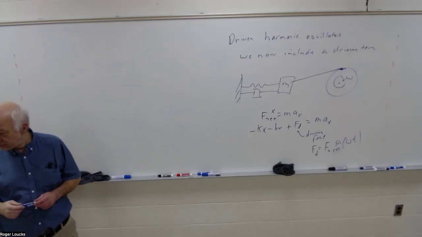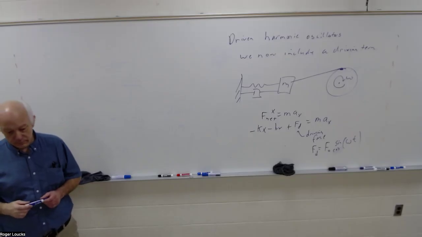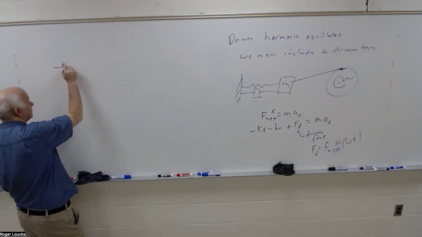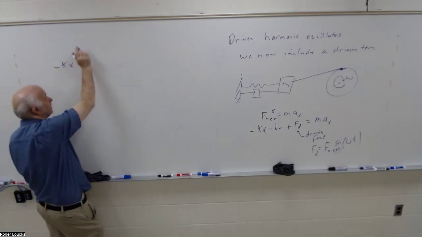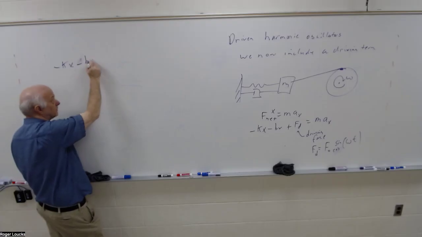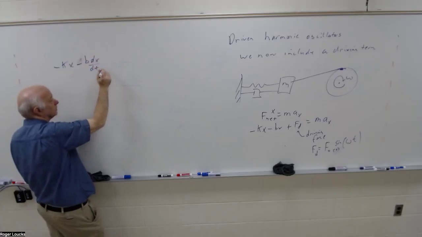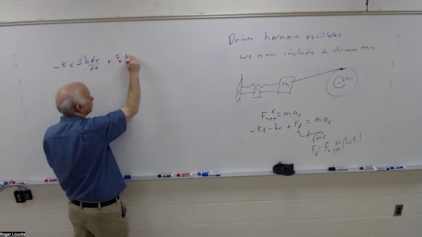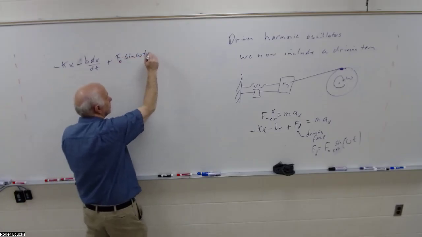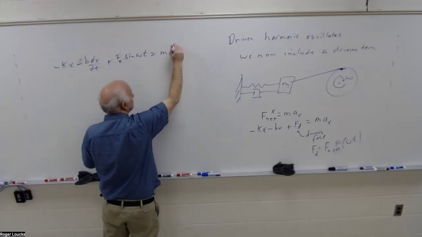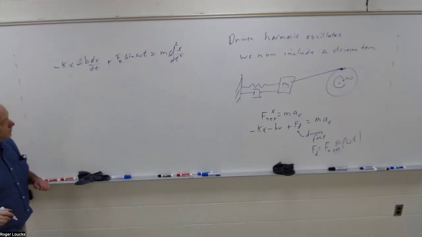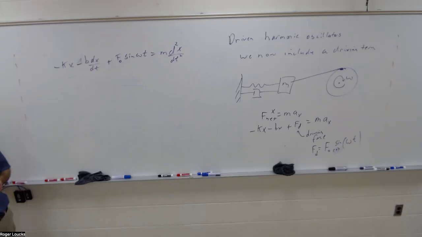So, what do we have? Minus kx plus, I'm sorry, minus b dx/dt. This is F naught. Here, I'm going to put in the sine for no reason. It's m x double dot like this here. Okay, so let's classify that differential equation.